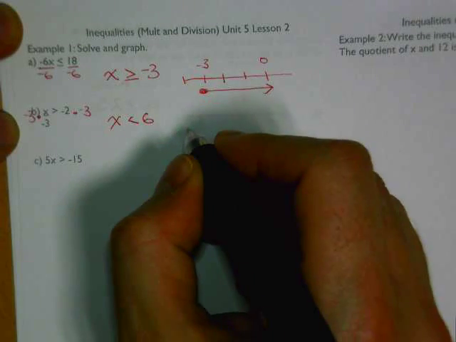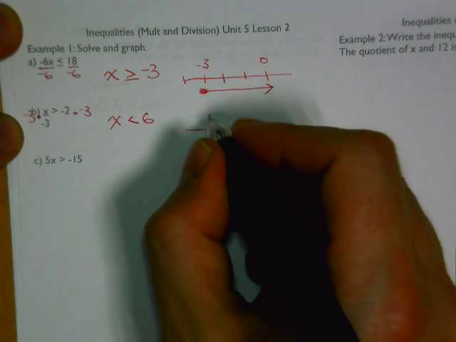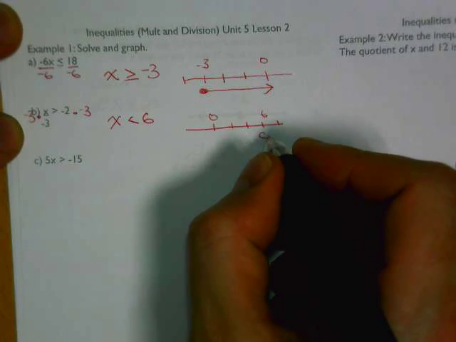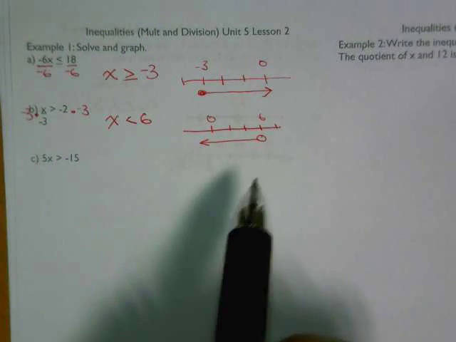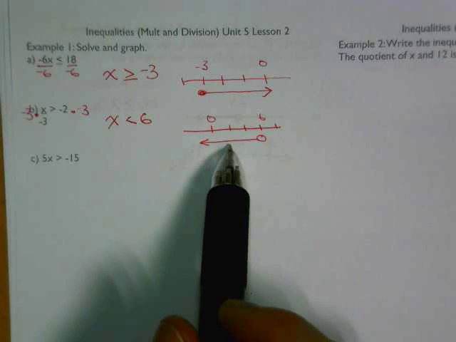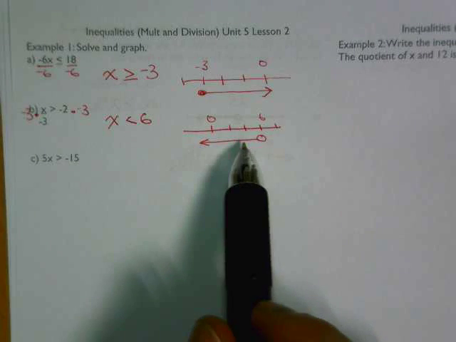And so again, graphing it, say 0, here we go by 2's, 2, 4, 6, less than, this one's going to be an open dot, less than goes to the left. And again, you can see, in order to make the solutions work out for this original one, we do wind up having to switch the sign.